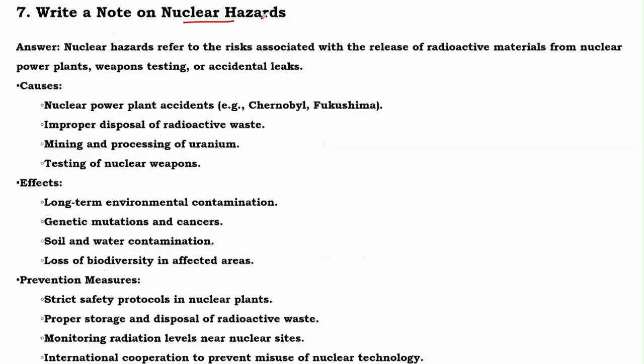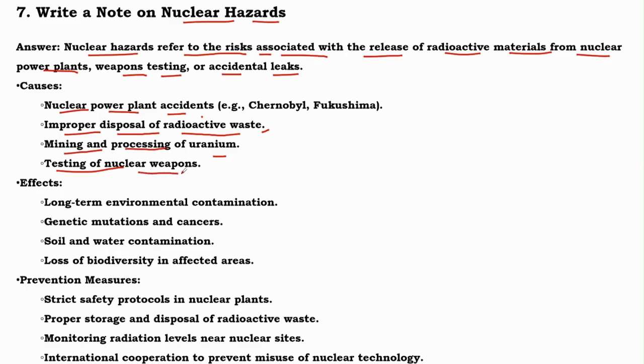What are nuclear hazards? Nuclear hazards refer to the risk associated with the release of radioactive material from nuclear power plants, weapons testing, or accidental leaks. The causes are nuclear power plant accidents, improper disposal of radioactive waste, mining and processing of uranium, testing of nuclear weapons.